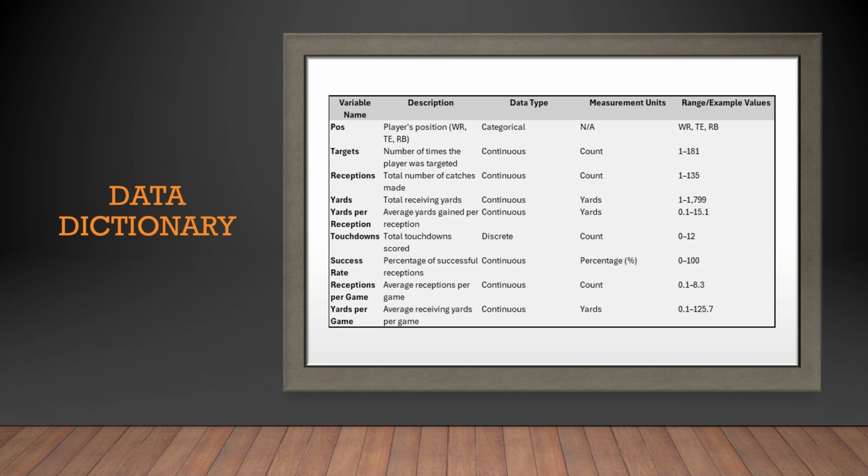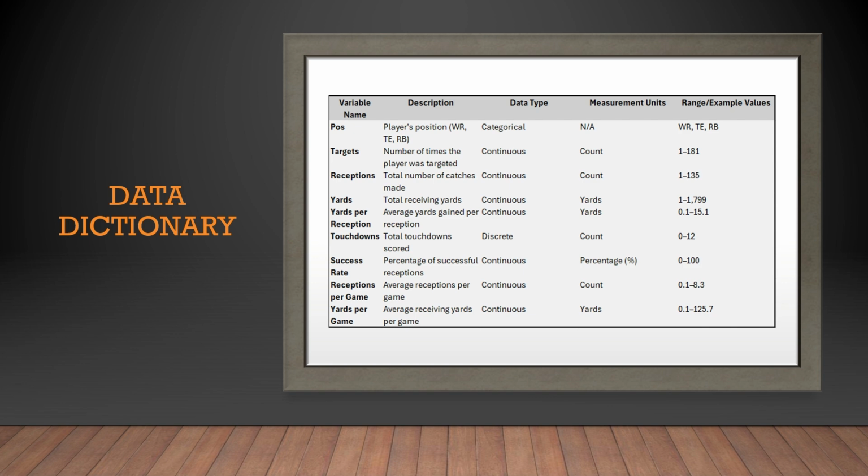This slide presents the data dictionary for the variables included in my analysis. Each variable is described to provide a clear understanding of its purpose, type, and measurement. POS represents player position, such as receiver, tight end, or running back, and is categorized as a non-numerical variable.